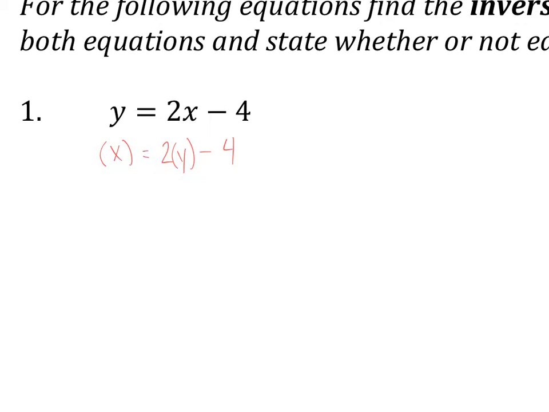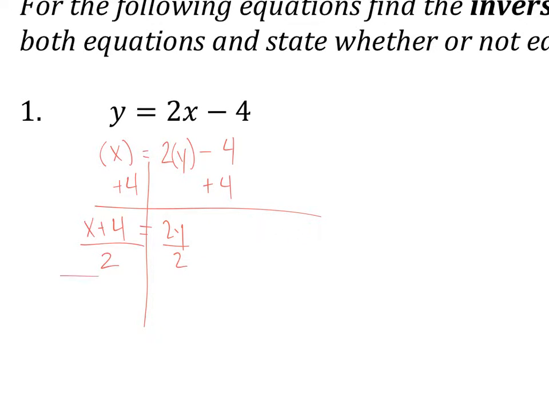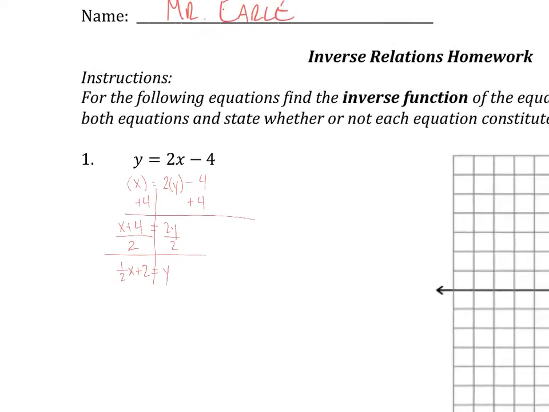So we draw our river, and the first thing I'm going to do is add 4 to both sides, x plus 4 equals 2y, and lastly, I'm just going to divide by 2. So what I'm left with is 1/2 x plus 2 equals y. Alright, so now we have our equation.